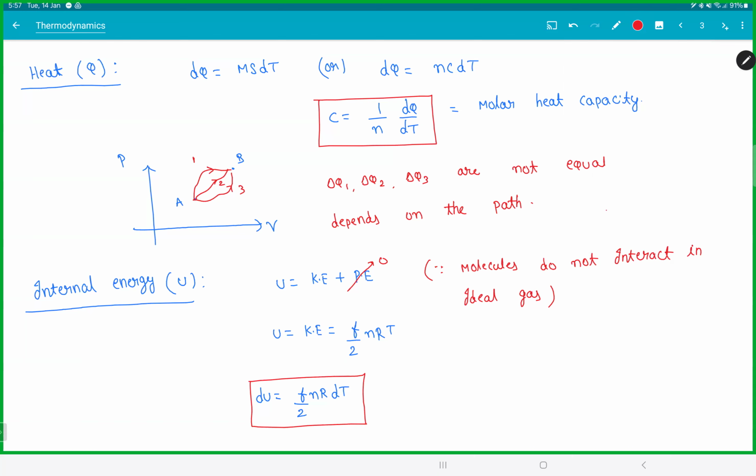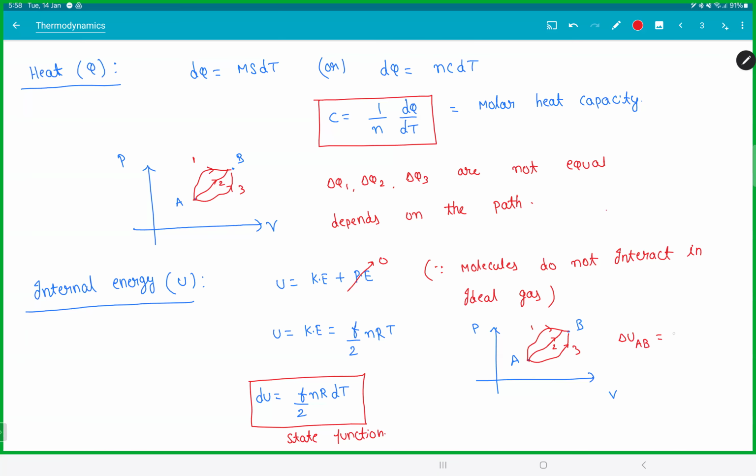And again, this is a state function. f is constant, n is constant, dT is the same for two states. That means if you go from A to B any way you want, process 1, process 2, process 3, delta U AB is the same.